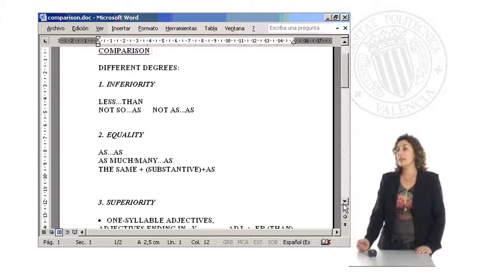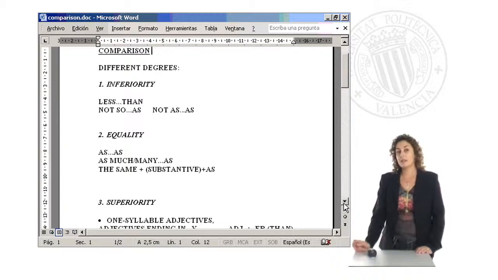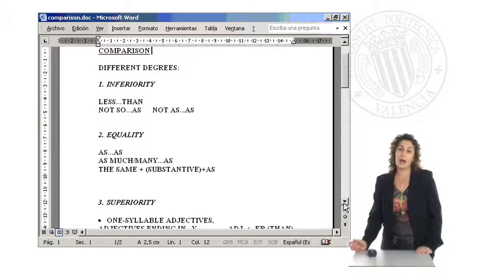This computer is as big as that one. Also, we can use the structures "as much" and "as many". For example, I have as much money as you, or you have as many books as your teacher.